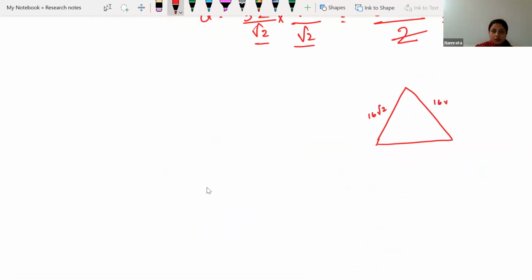This is also 16 root 2, and diagonal we know that is 32. So easily by Heron's formula we will be able to find the area of this triangle. Let me check whether we can find the area by using the older formula, 1 by 2 into base into height. Just a moment.